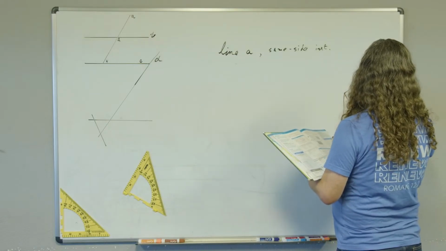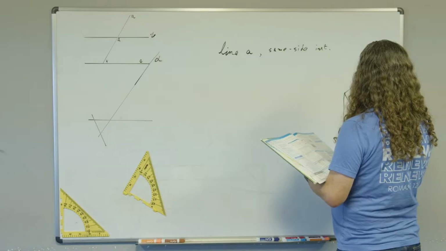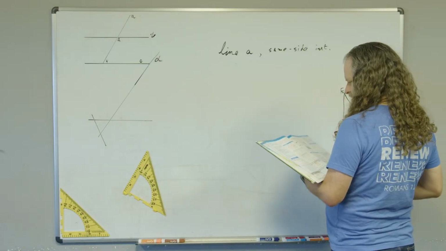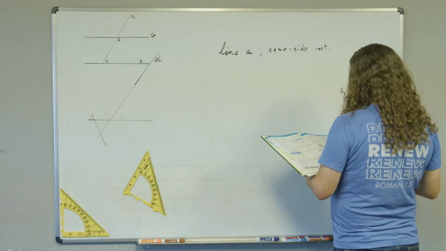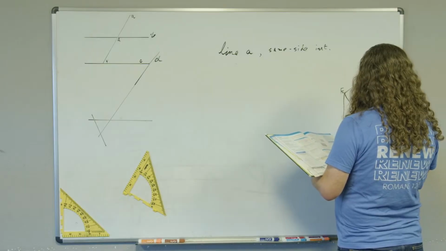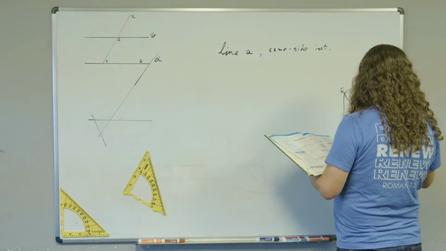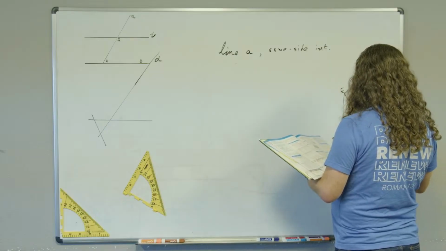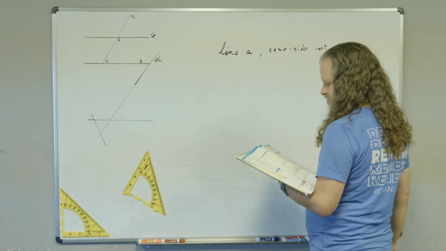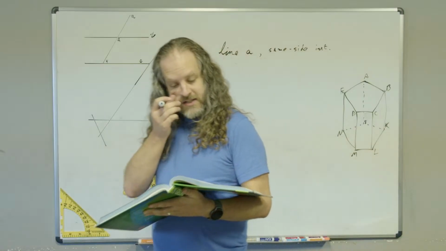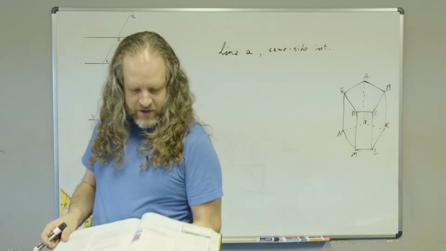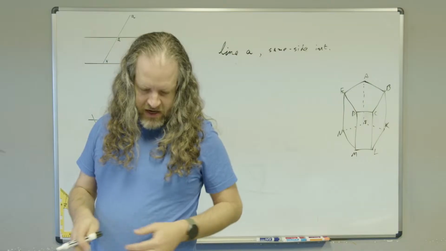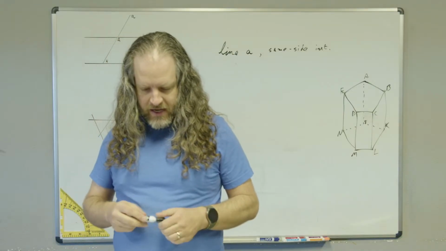And A, B, C, D, E. And then J, K, L, M, and N. And number 20 says, a segment skew to CE through point E.